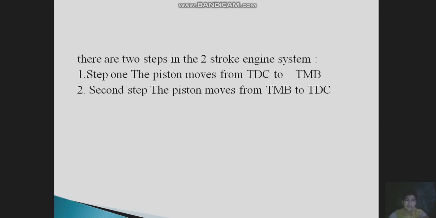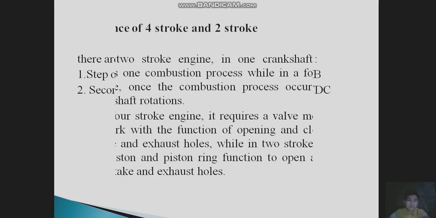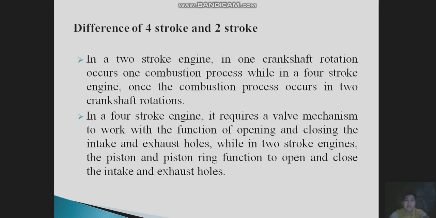There are two steps in the two-stroke engine system. Step 1, the piston moves from TDC to BDC. Step 2, the piston moves from BDC to TDC. Difference of four-stroke engine and two-stroke.